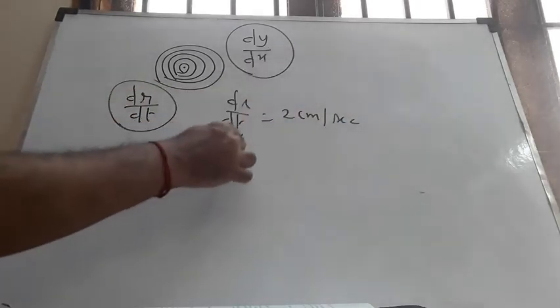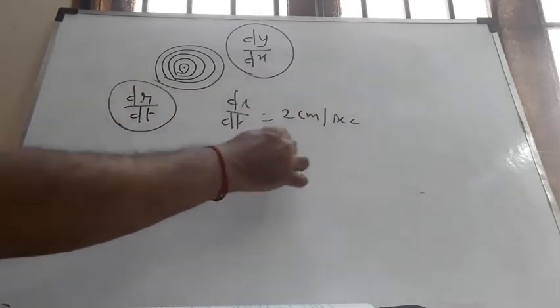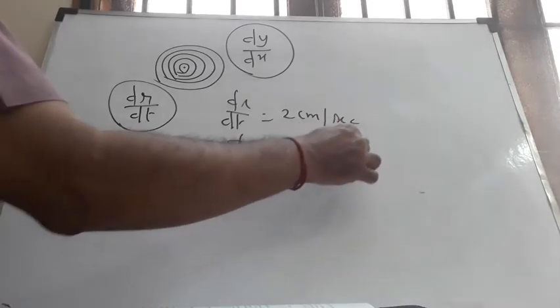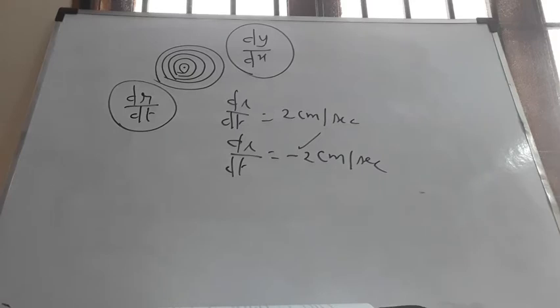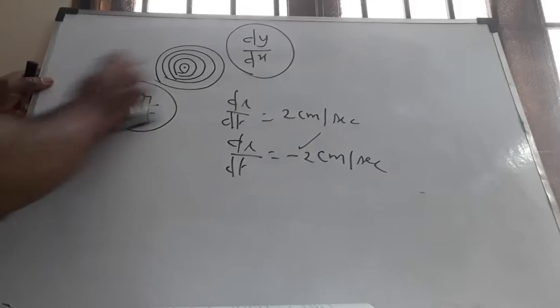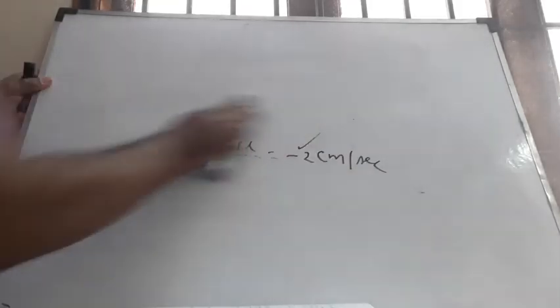If there is a decrease, let us say 2 centimeters per second, I will write it as minus 2 centimeters per second. This minus sign will tell you that there is a decrease in the radius. The plus sign tells you there is an increase in the radius. Let me just repeat, dy by dx is known as the rate of change of y with respect to x.